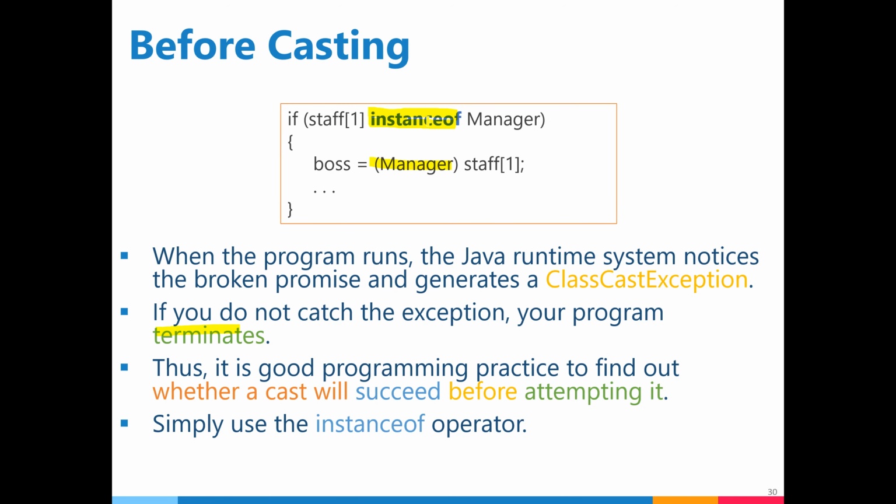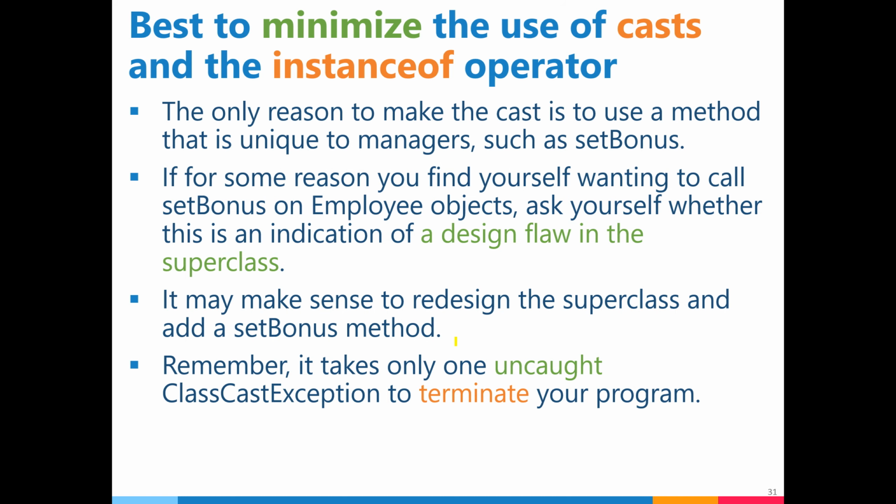You want to make sure this is an instance of Manager, then you cast. If it is not, for example in this case, it's not going to be true, and the cast won't happen. So we don't get a ClassCastException in the first case. We don't need to catch anything because we are making sure whether it is a manager or not. So it is again best to minimize the use of casts and the instanceof operator. A ClassCastException can terminate your program, as you know.